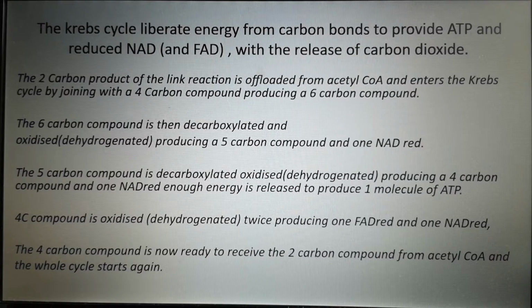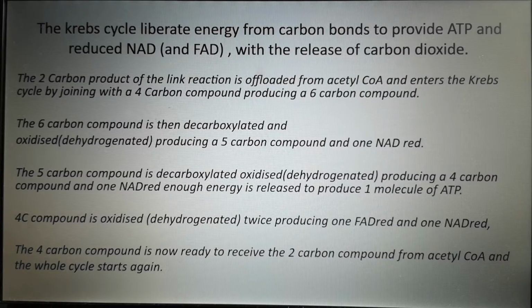This 5-carbon compound is decarboxylated, removing a carbon, and it's oxidized or dehydrogenated to produce another molecule of reduced NAD. At this stage, there's enough energy released to produce 1 molecule of ATP. So now we've got a 4-carbon compound. This 4-carbon compound has to be further modified before it's ready to cycle to the beginning again.